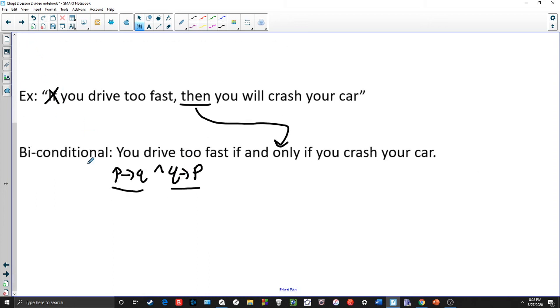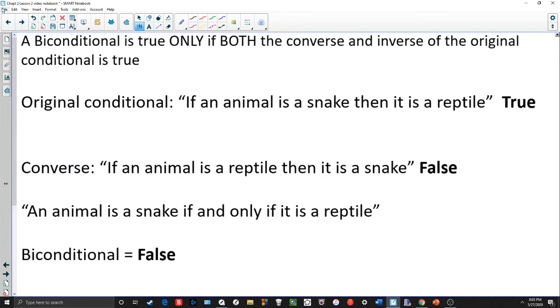Now let's talk about when biconditionals are true, because they sound easier than they are, to be honest. So again, let's just take this here. If an animal is a snake, then it is a reptile. That's true.